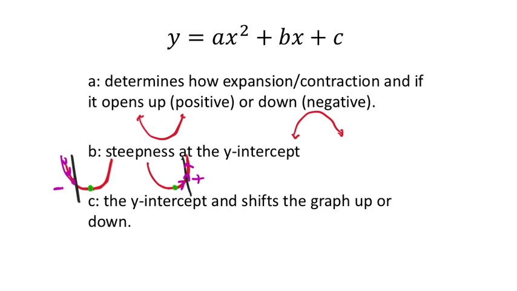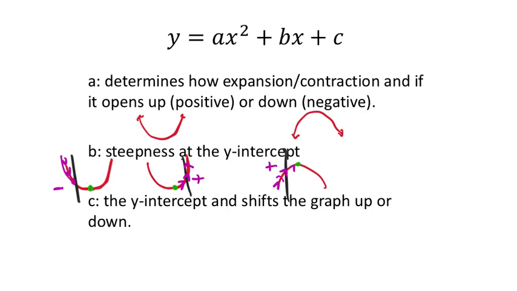The same idea is true for our frowny face parabola. If it was down like this one, and if the vertex was at the tip there, then the y-axis is right here. Again, you can see that this is going upwards as you get to the y-intercept, and so that would make the slope positive at the y-intercept.